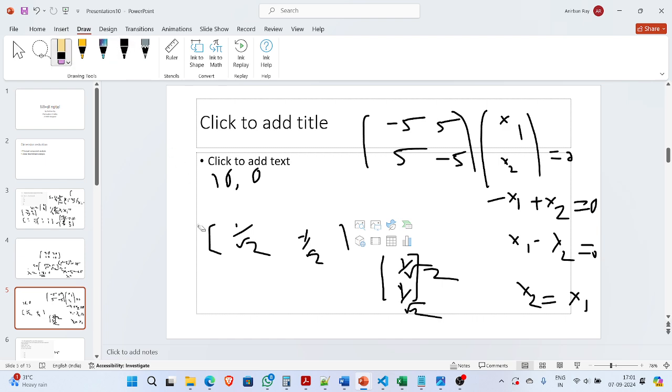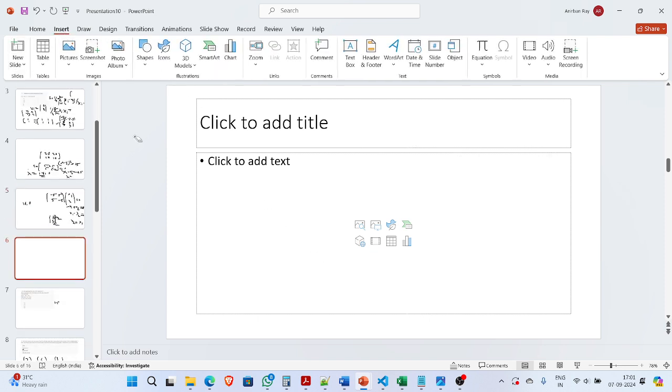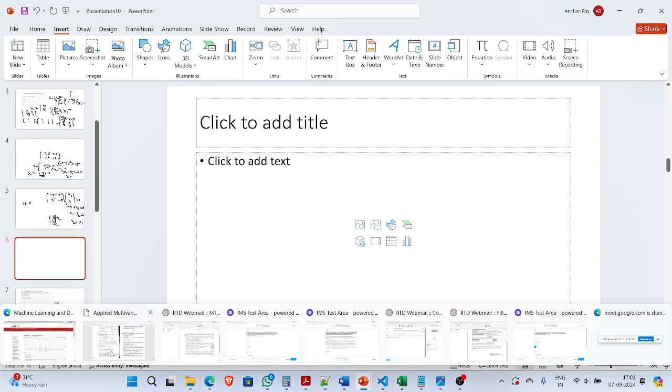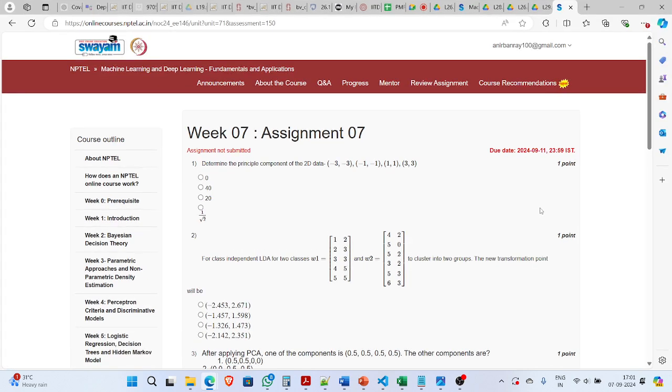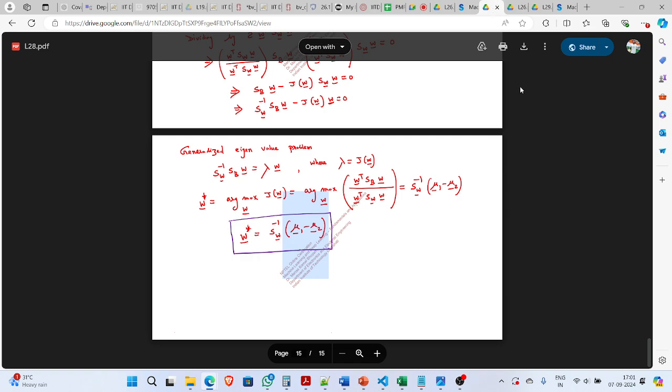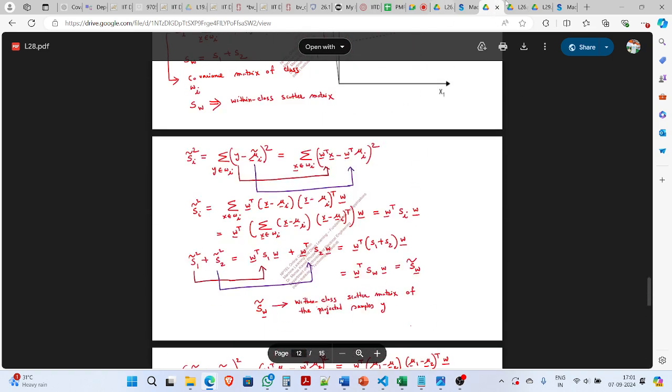And we need to find the principal component.